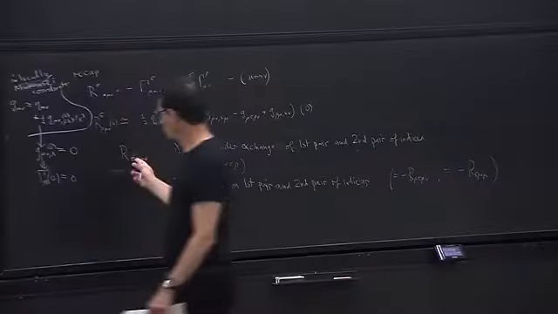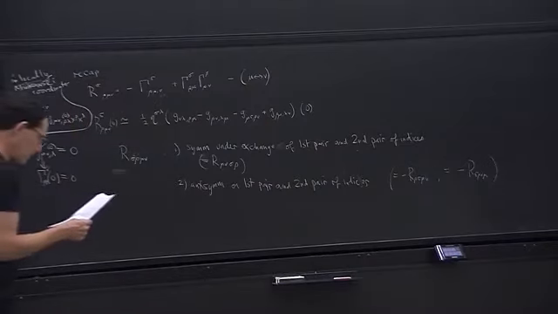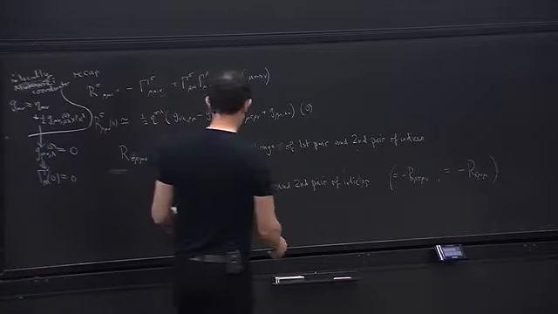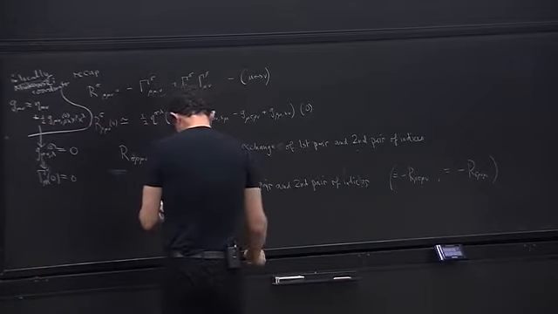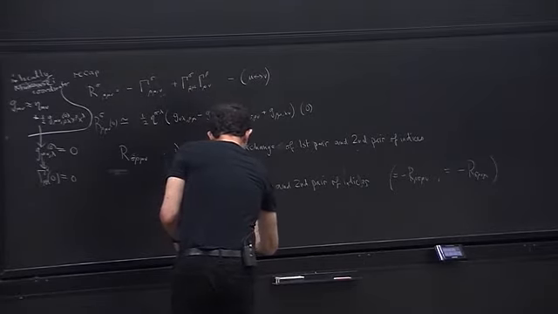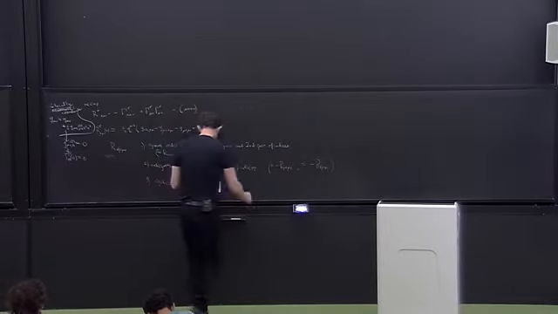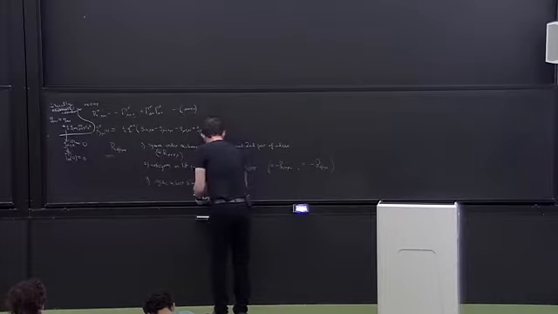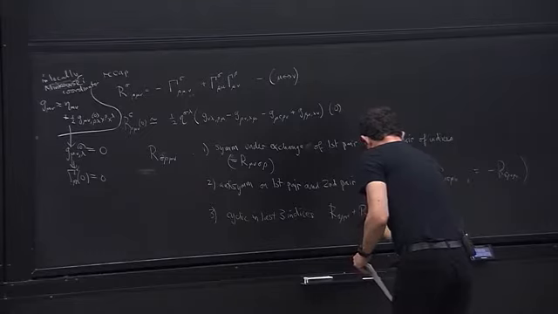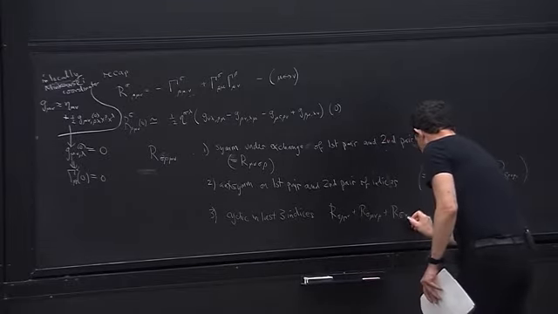So it's antisymmetric under exchanging the first two indices or the last two indices. And thirdly, it is cyclic in the last three indices. So we have this equation, R sigma rho mu nu plus R sigma mu nu rho plus R sigma nu rho mu, equals zero.